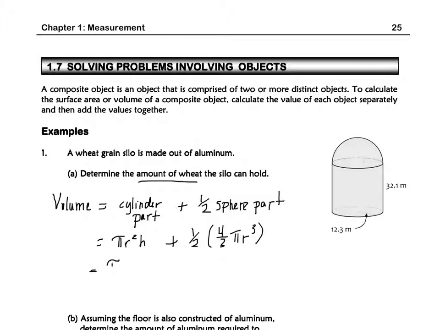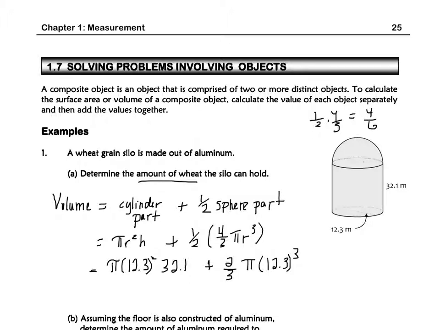Filling in what we know, the radius is 12.3, so 12.3 squared times the height, 32.1 meters, and then a half times 4/3, which would be 4/6 or 2/3, times pi times the radius 12.3 cubed. That's where I'm getting the 2/3 from, multiplying the half by the 4/3.